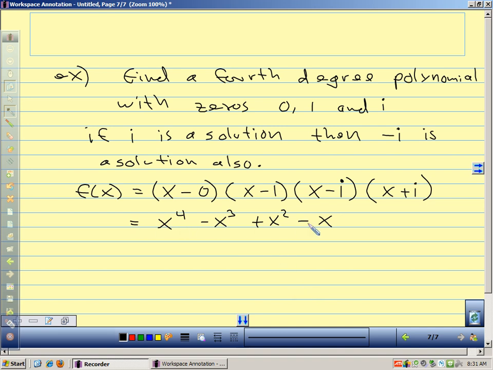So that would be one example of a fourth degree polynomial that has these four solutions. I just take my factors as x minus the solution, and multiply those all together in parentheses. But the important thing to remember here is that if you have a complex zero, the conjugate is also a zero.